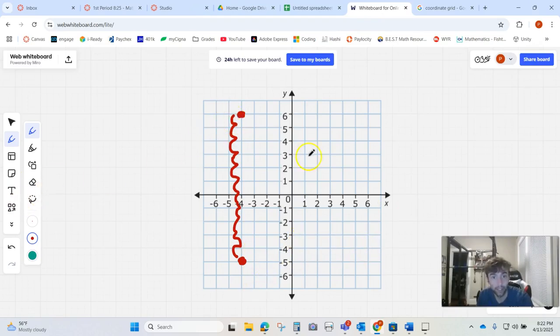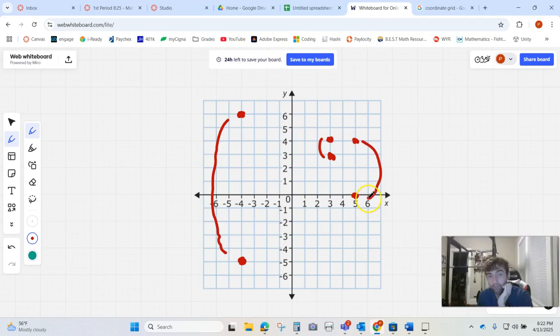11 units. Now let me put all these dots back up here on our screen. All the pairs that we talked about. What do you notice about these pairs of dots?